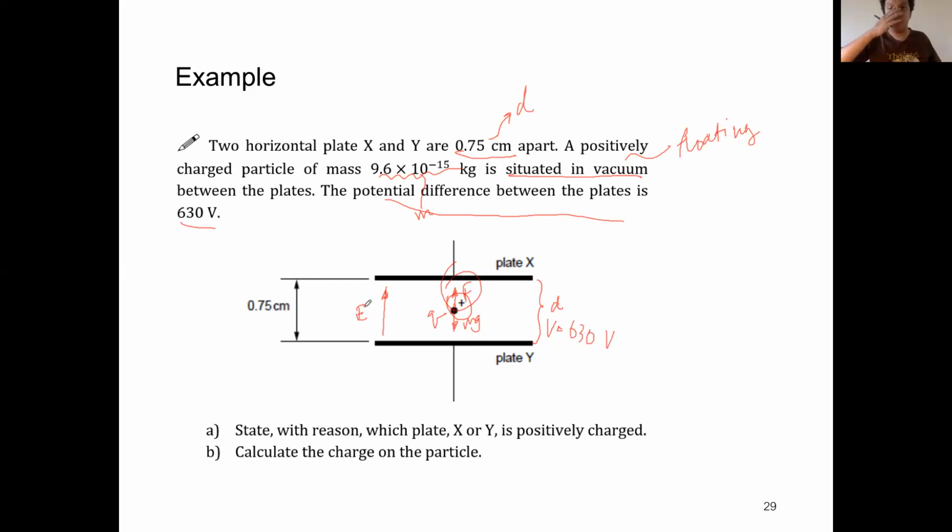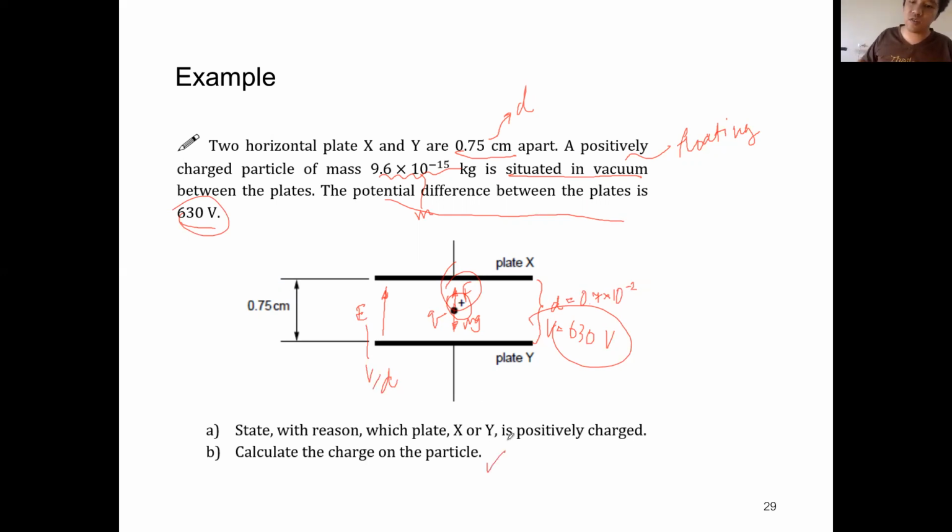Then when we look at this system again, the value V is known, and E should be equal to V over D. So in this case, we know D and know V. So no problem if you want to know the magnitude of the electric field.